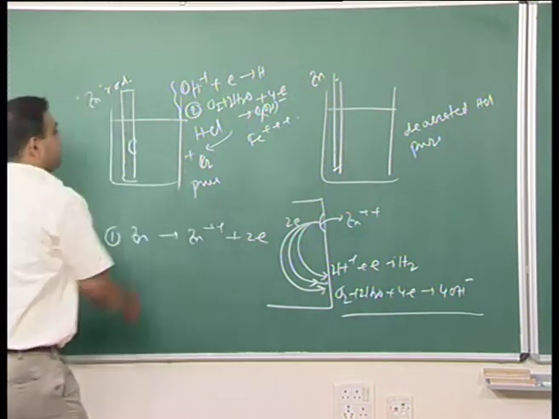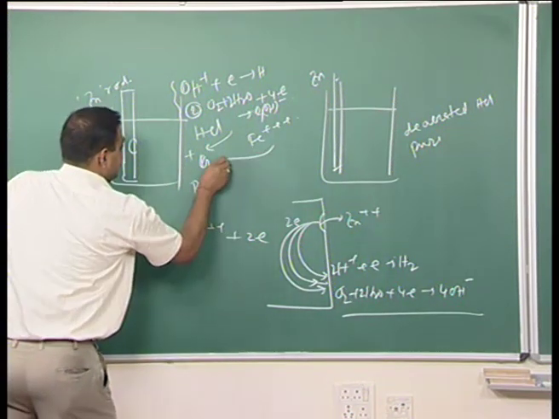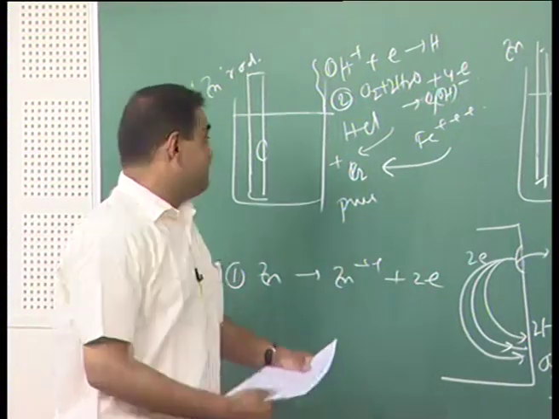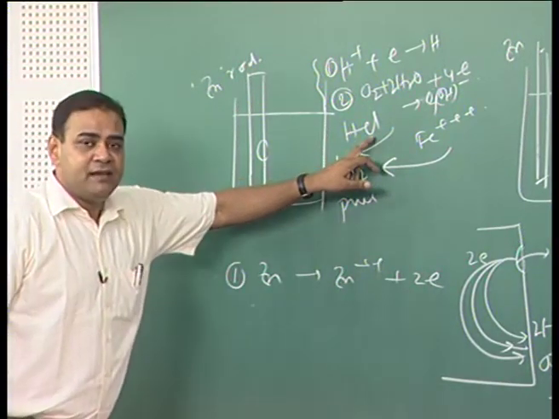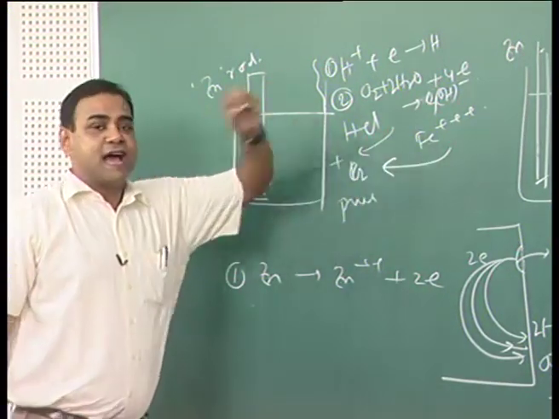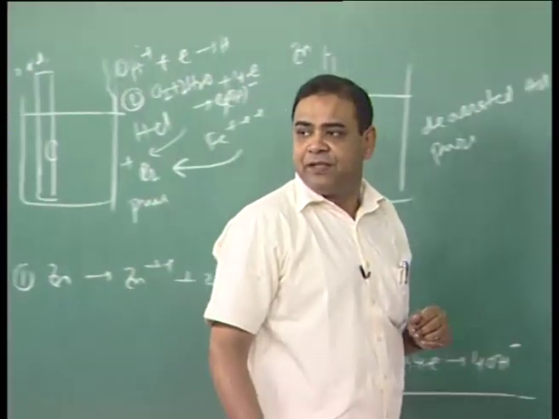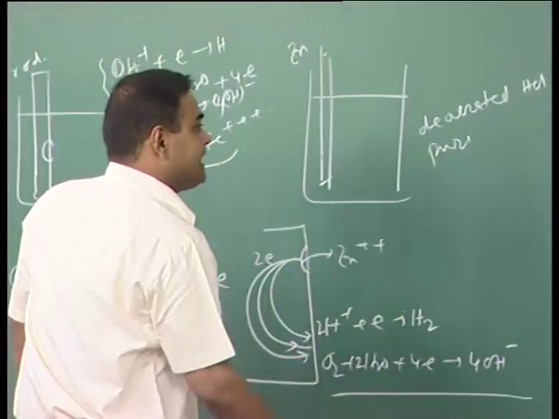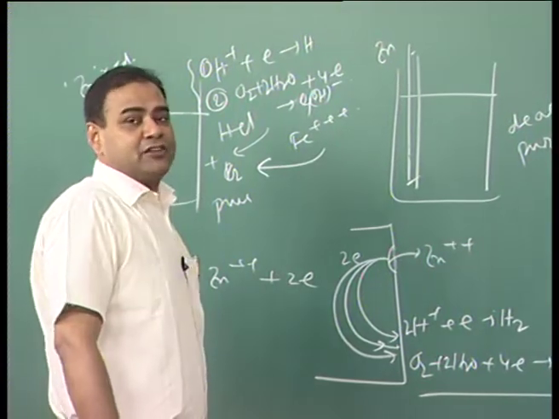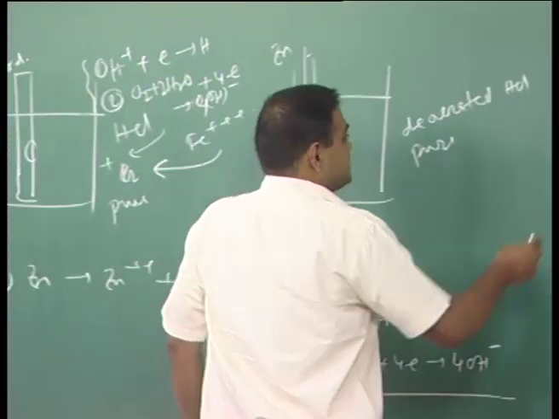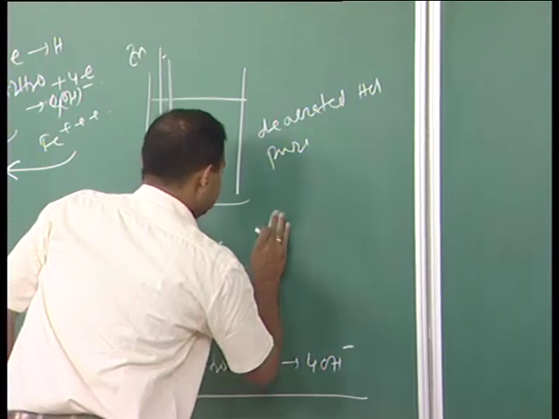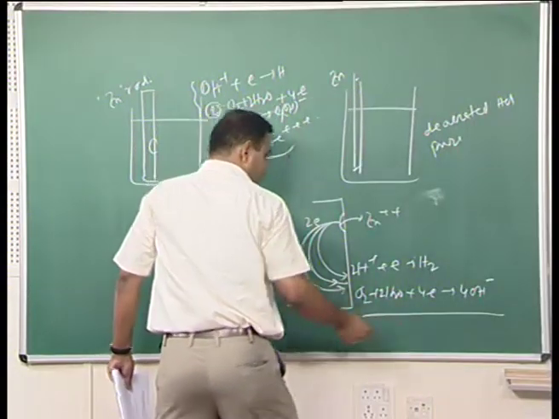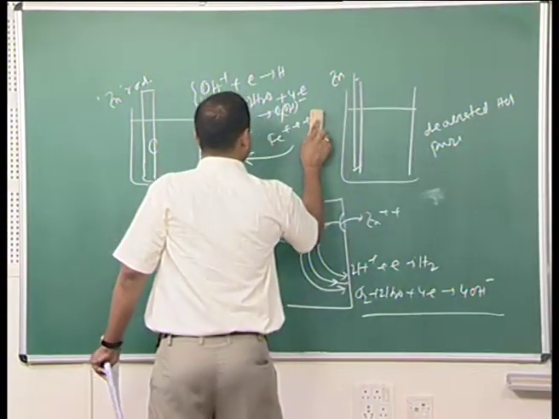Now, further let me add Fe plus 3 into this system. That means now you have HCl, oxygen, and then another ion Fe plus 3. Now, Fe plus 3 has the tendency to accept electron. So, this Fe plus 3 can also consume electron.